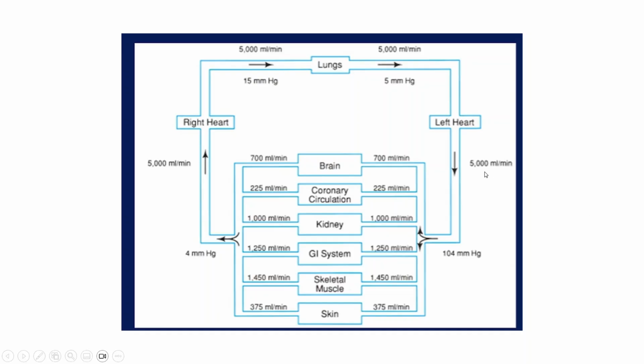And so you have 5 liters of blood per minute circulating at this high 100 mmHg. And then this distributes into different organs.